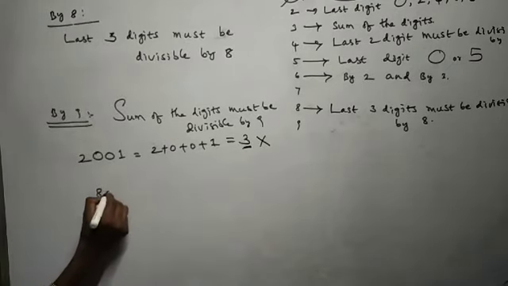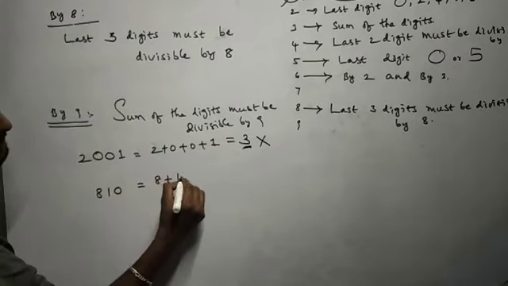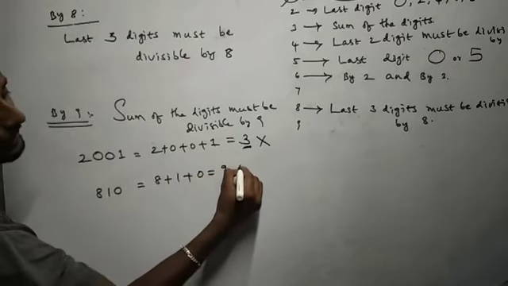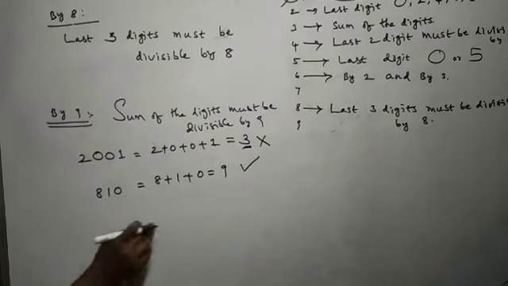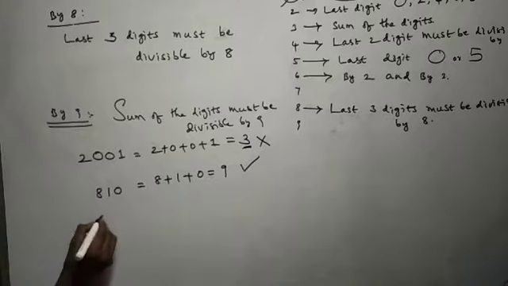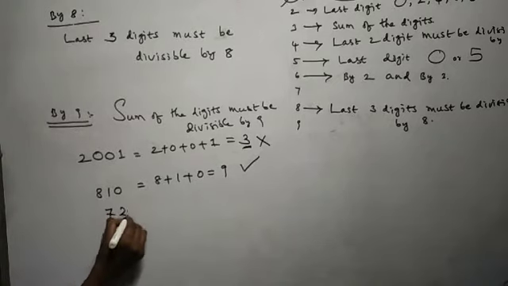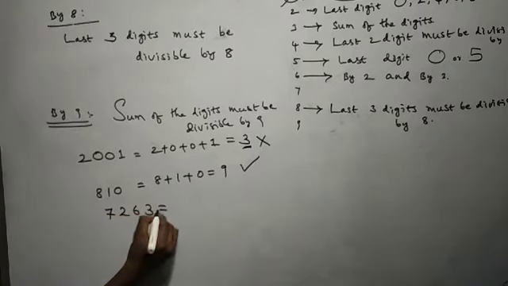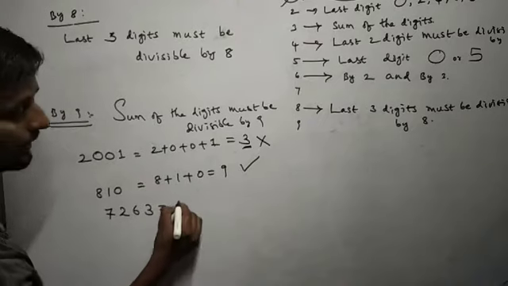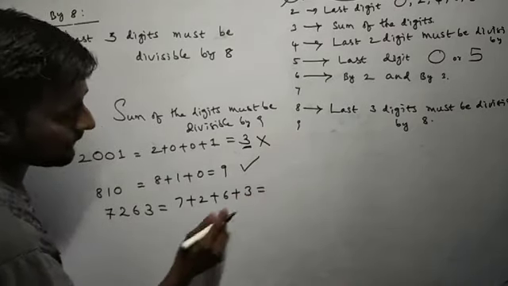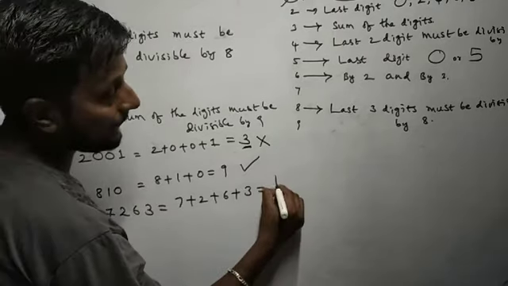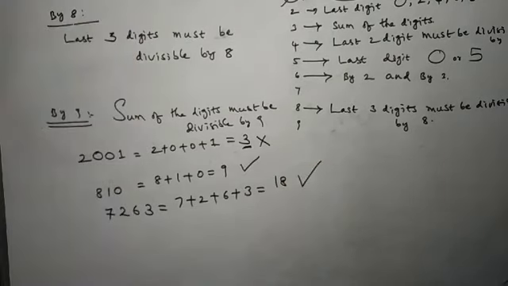Now 810. 8 plus 1 plus 0, answer is 9. 9 ones are 9, correct? So 810 is divisible by 9. Next, 7263. 7 plus 2 plus 6 plus 3 equals 18. We know 9 twos are 18.